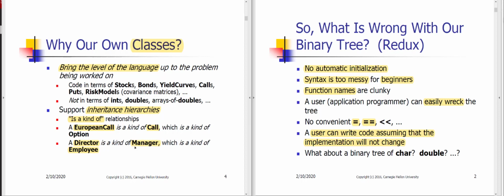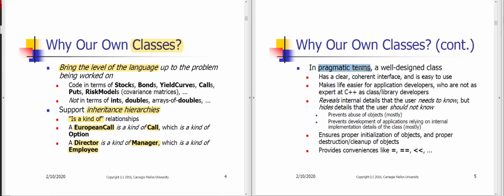So we don't have to redevelop from scratch everything about an employee just to implement a manager. We only need to implement the incremental differences between a manager and employee, and likewise the incremental differences between a director and a manager.